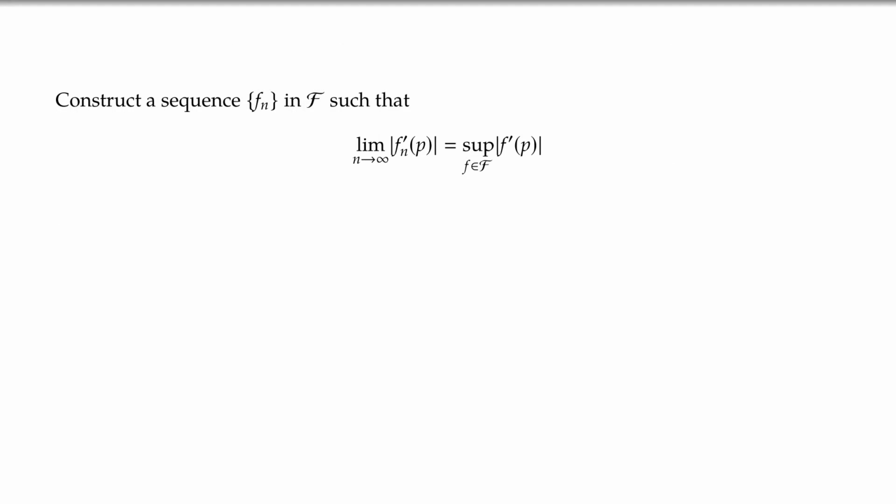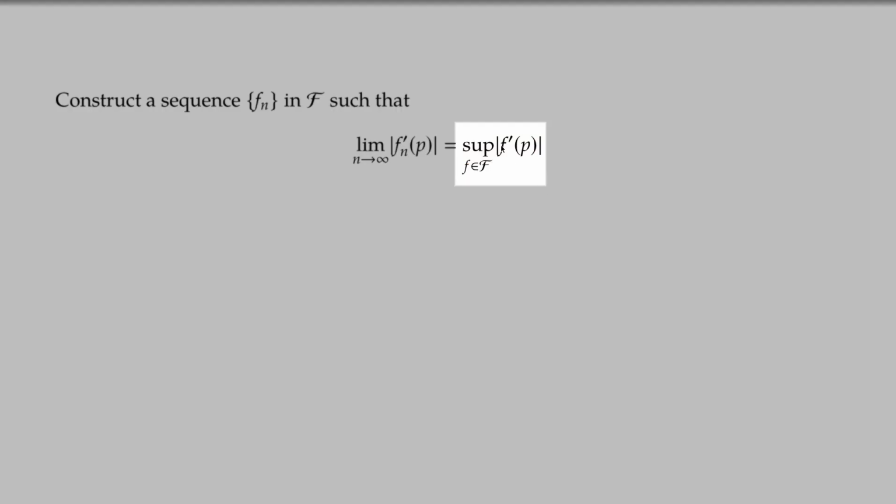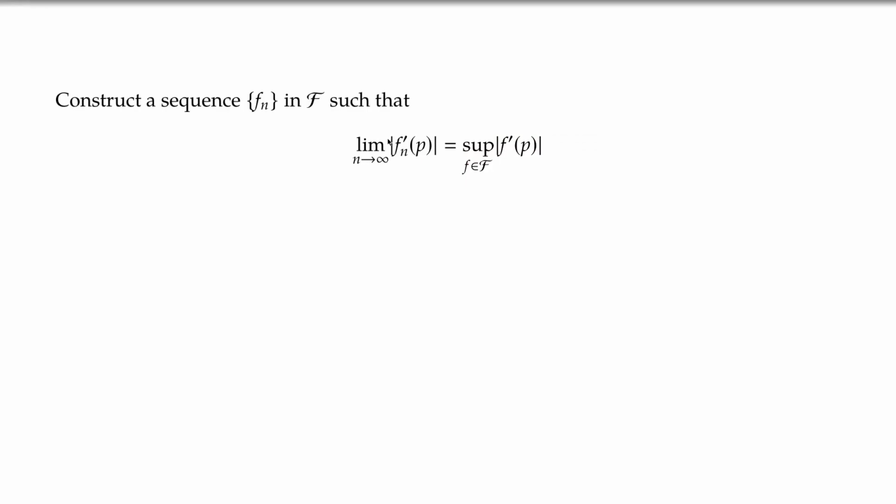All right, so now we can go to Montel. We construct a sequence f sub n in F such that the limit of the derivatives goes to the supremum. So whatever the supremum of all the derivatives is, we can find it as a limit of a sequence.